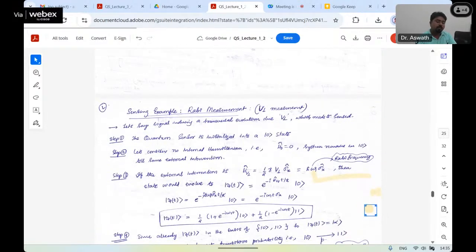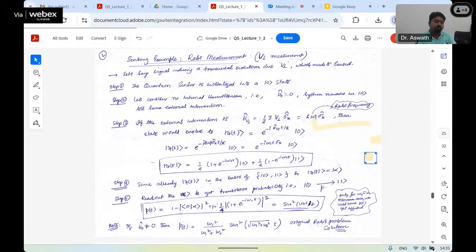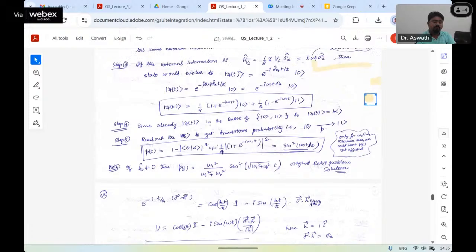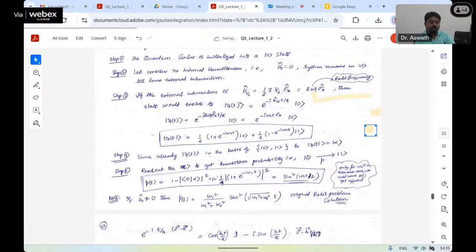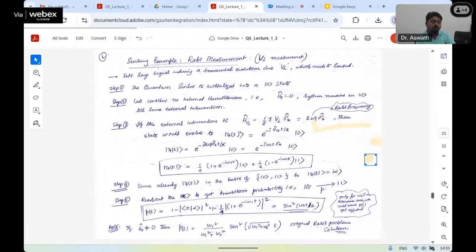In the case of the Rabi measurement, the V perpendicular case, the sine function is a function of omega 1. What is omega 1 here? Omega 1 is the component which comes from the V perpendicular. You remember that.